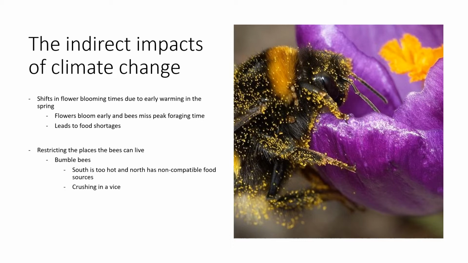So the paper I read said that they were being squeezed in a vice between an unfamiliar environment with unfamiliar food sources and a place too hot for them to live. And it's just squeezing and squeezing. And if this continues, who's to say what happens to the bees, but it's not going to be good. Okay, and these are the indirect impacts of climate change on bee populations.